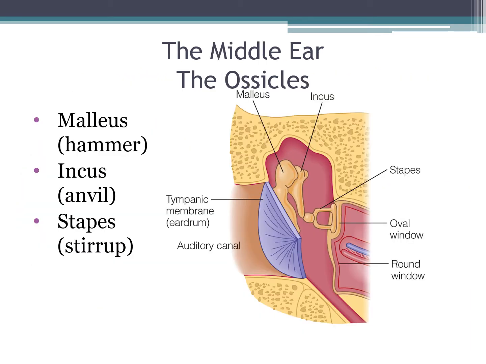The middle ear is made up of the 3 tiniest bones in your body, the ossicles, as they are known altogether, which are the malleus, the incus, and the stapes, which mean the hammer, the anvil, and the stirrup. And I'm not a very mechanical person, so it doesn't really help me.